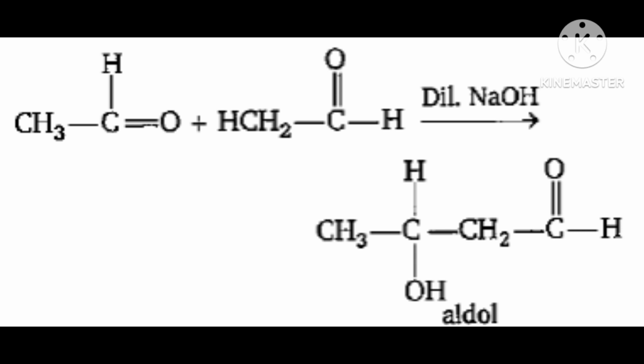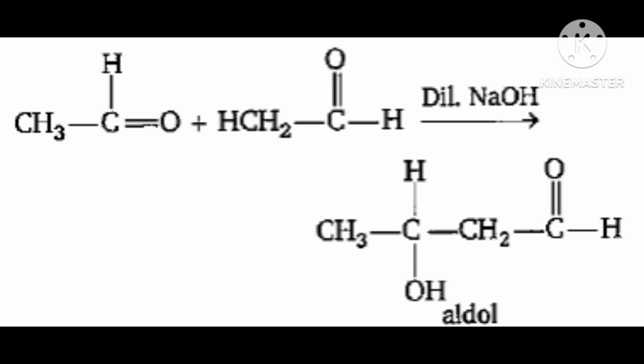Now I am telling you a little detail. Aldehydes and ketones must have at least one alpha hydrogen. If you don't have an alpha hydrogen, meaning the second carbon with hydrogen, then this reaction is not possible. Two carbons must be there, one with CO, the other a carbon that must have at least one hydrogen.